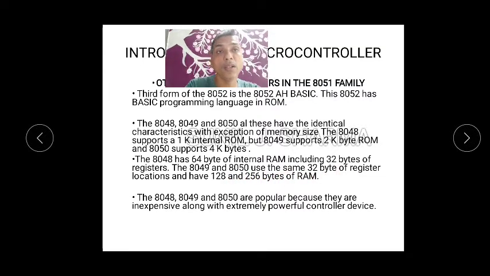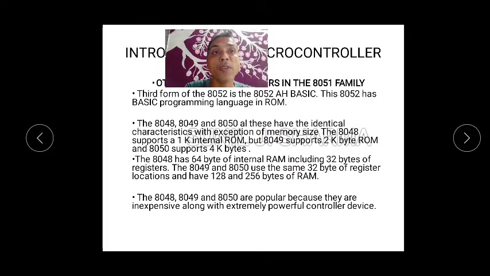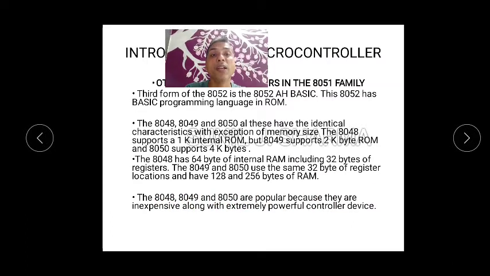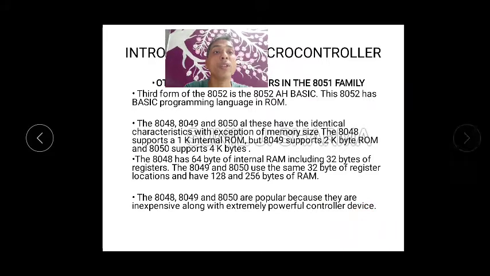So I think a question comes in your exam on the differences between different microcontrollers. At that time you should know the difference between 8048, 49, 50, 51, 52, like that. 8048, 49 and 50 are popular because they are inexpensive along with being extremely powerful controller devices.